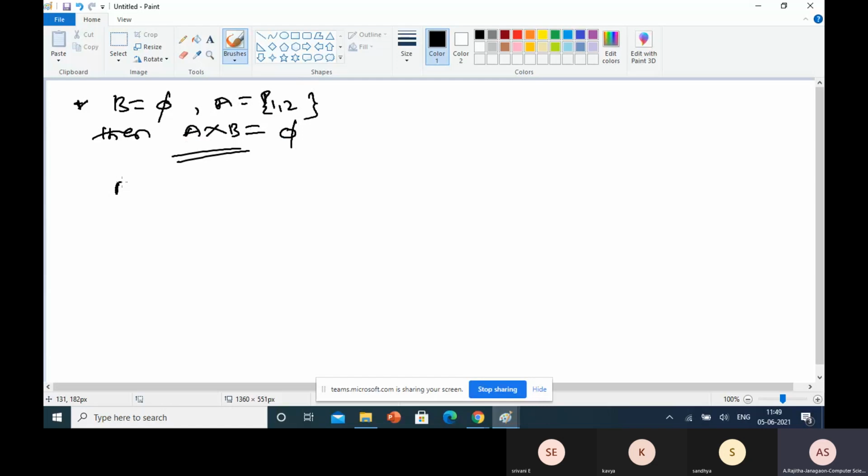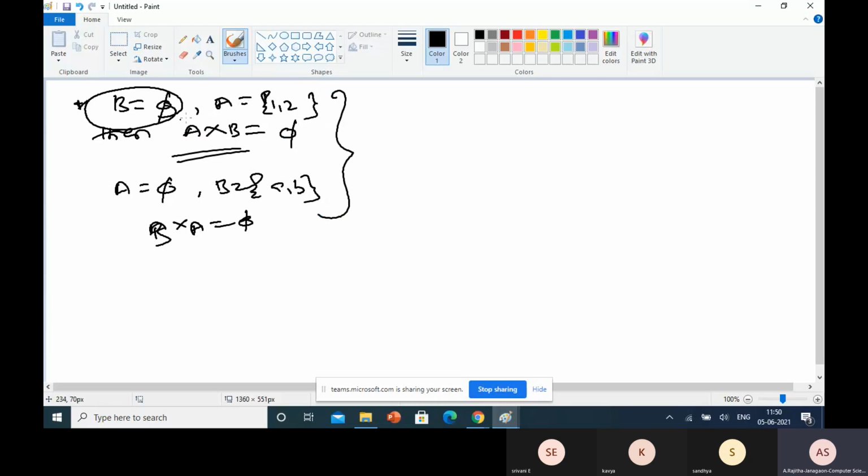Similarly, suppose A equals phi, the empty set, and B contains some set of elements. In this case also, B cross A is phi. The reason is that if any one of the sets is empty, then no ordered pair exists. So if any one of the sets is empty, there is no Cartesian product. This is the concept.